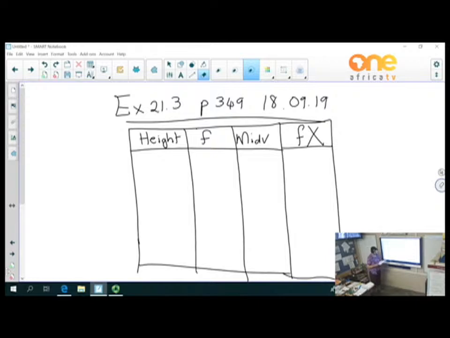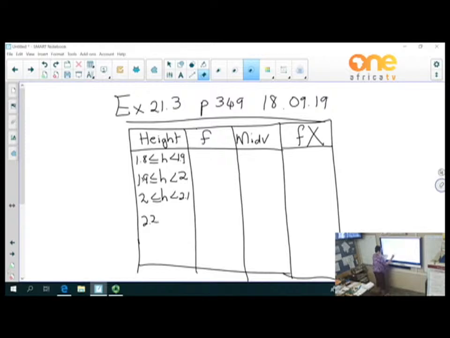Okay. Now, I think it should be better if you write it like this: 1.8 is less than or equal to the height, which is less than 1.9. Otherwise, we're going to struggle. 1.9 is less than or equal to the height, less than 2. Then 2 is less than or equal to the height, less than 2.1.